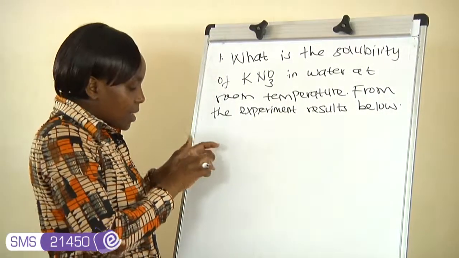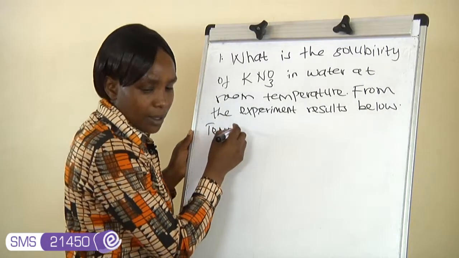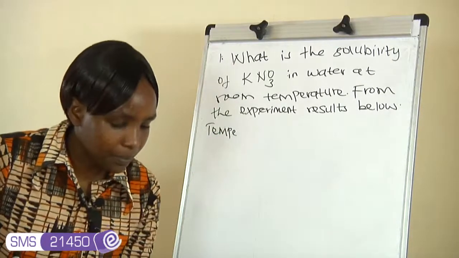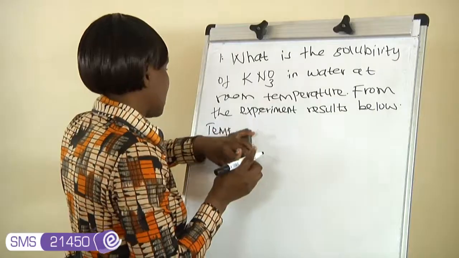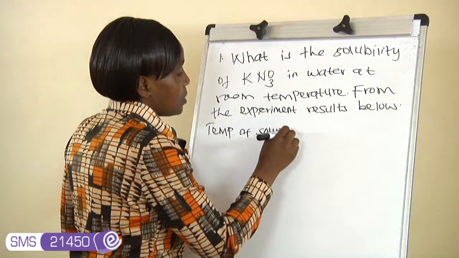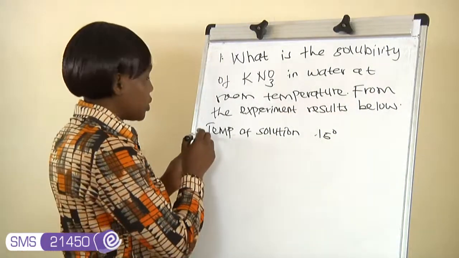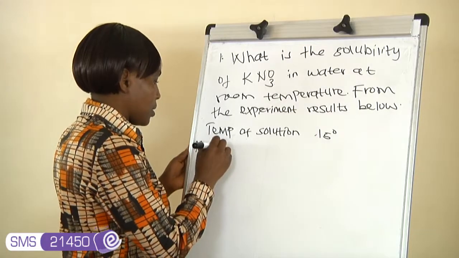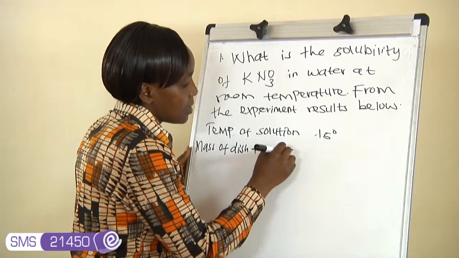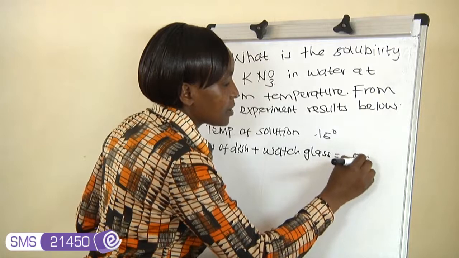The temperature of the solution is 15 degrees. The mass of the dish plus the watch glass is 55 grams.